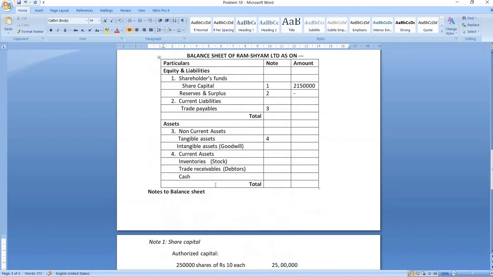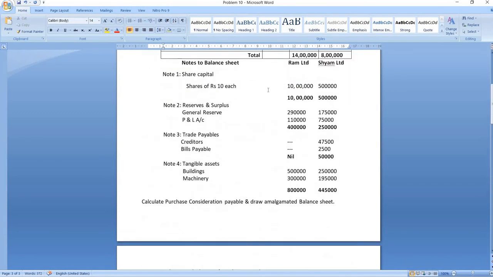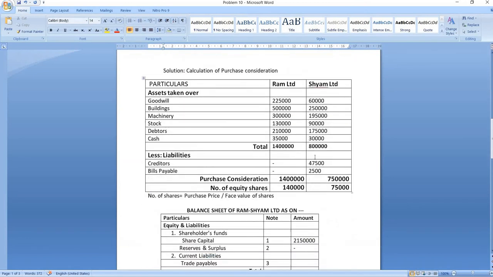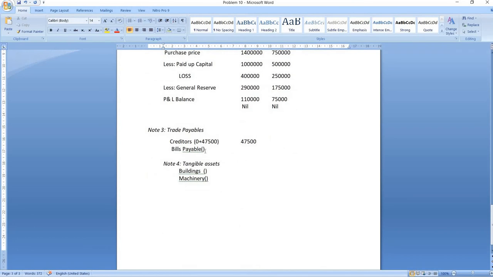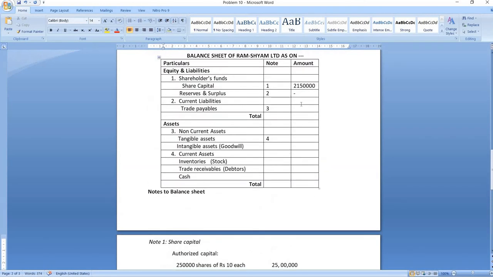Then bills payable, here you can see 0 and 2,500. So same we will take it here. Total 50,000.